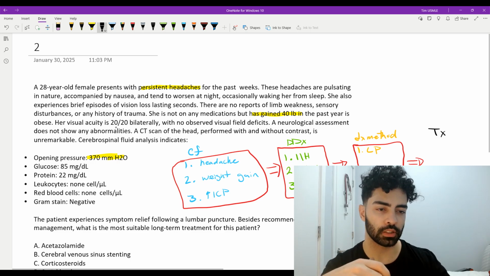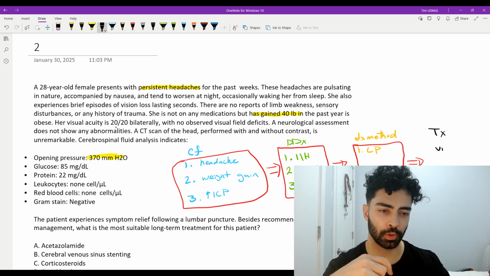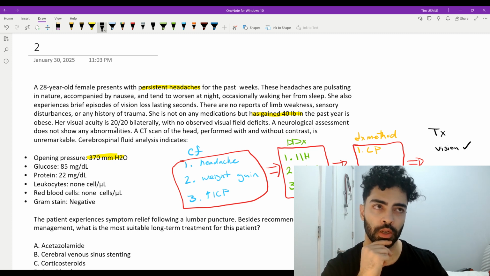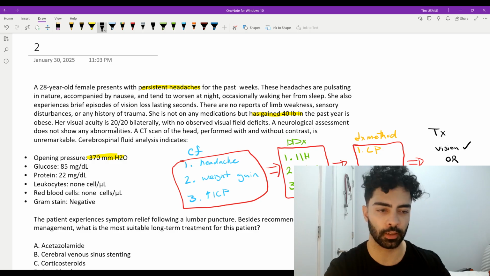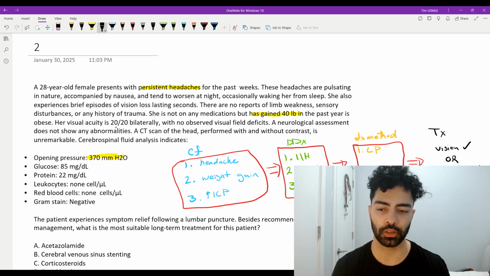So let's put this as treatment. If the answer to the question of whether it's threatening your vision is yes, or if the symptoms are just getting too bad, if your answer to any of these questions is yes, then you want to treat it with medication.